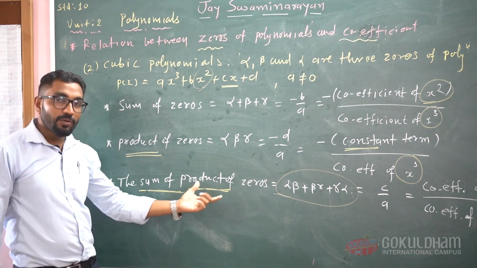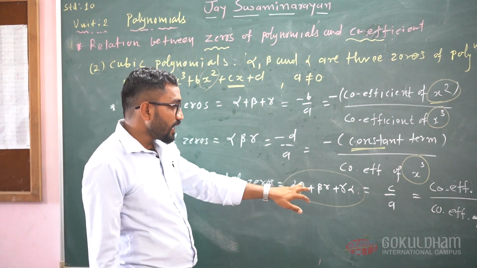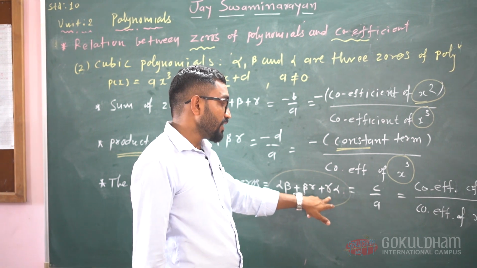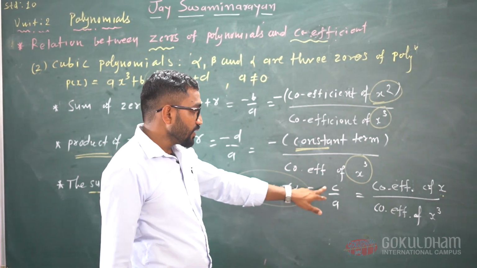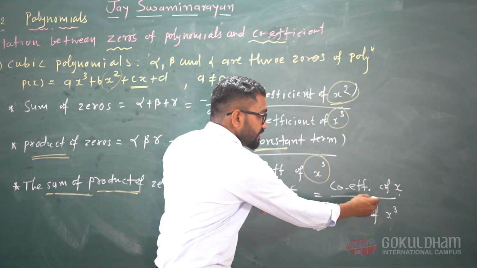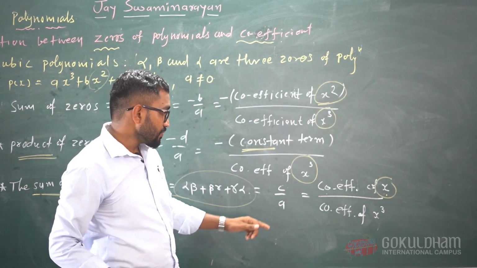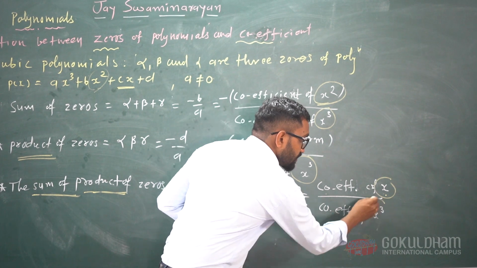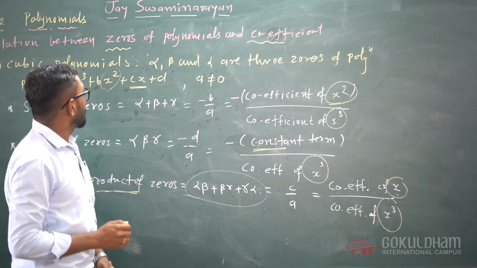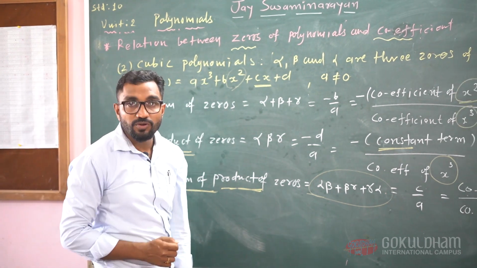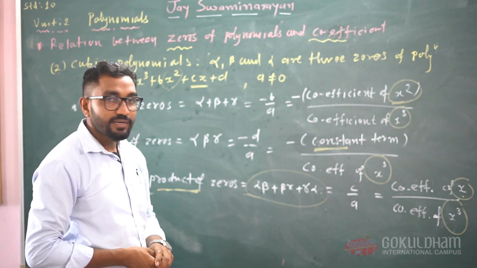The sum of products of zeros, alpha into beta plus beta into gamma plus alpha into gamma, equals c by a, where c is the coefficient of x and a is the coefficient of x cube. Okay, so this topic, the relation between zeros of cubic polynomials and coefficients, is complete.